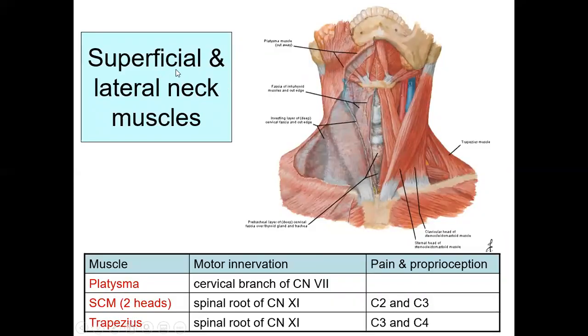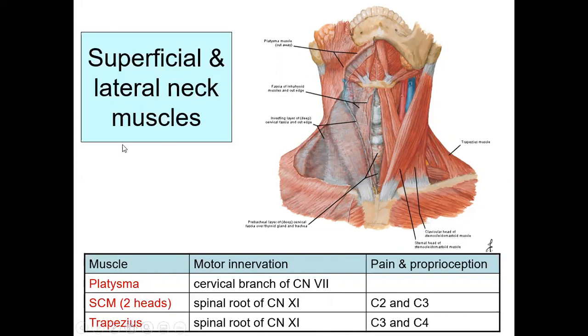For the superficial and lateral neck muscles, we have three muscles here: the platysma muscle, the sternocleidomastoid muscle, which has two heads, and the trapezius muscle.